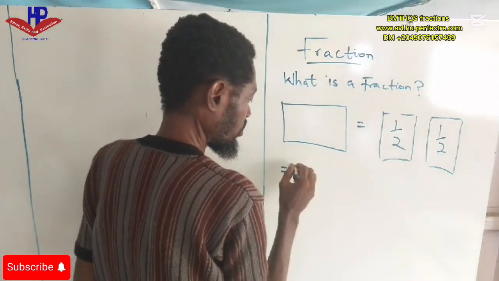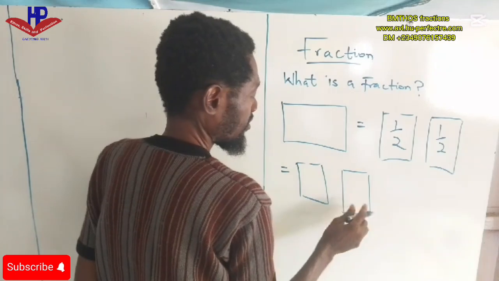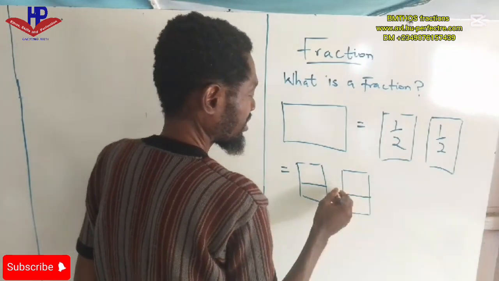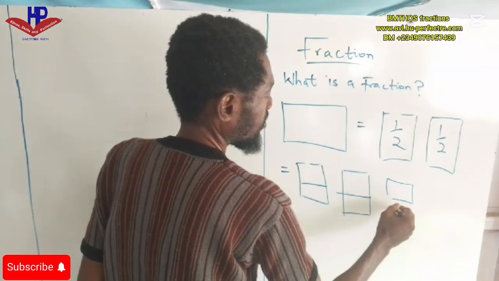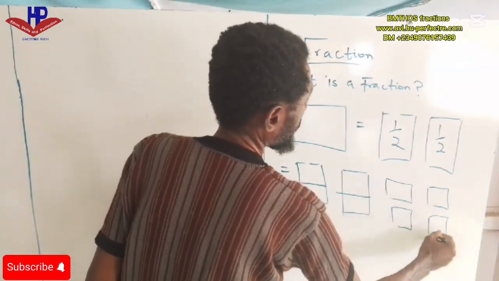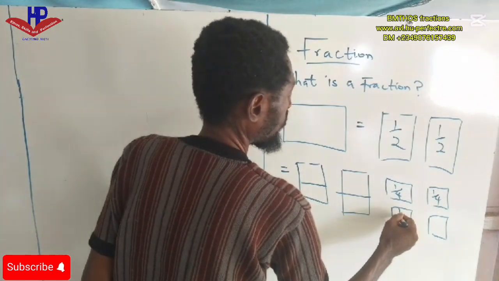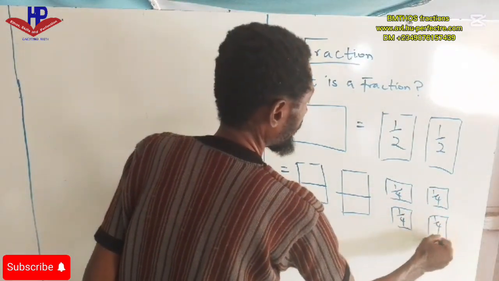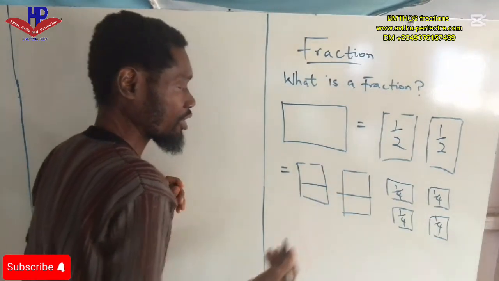I cut these two parts into 2 parts each. That becomes 4. This will become 1 over 4, 1 over 4, 1 over 4, 1 over 4. These are fractions. So this is how you deal with fractions.